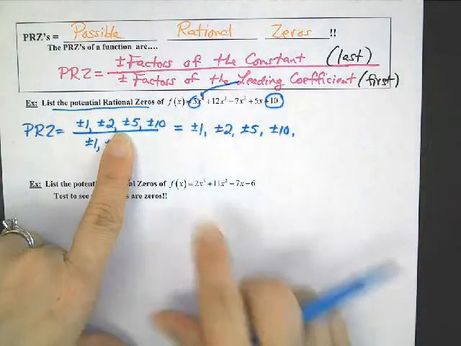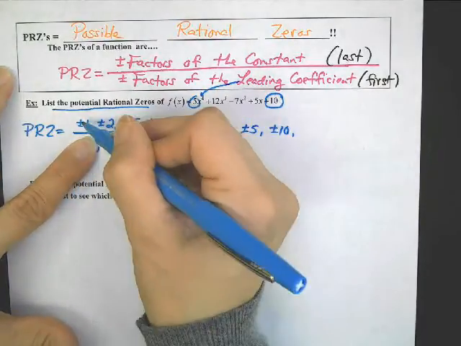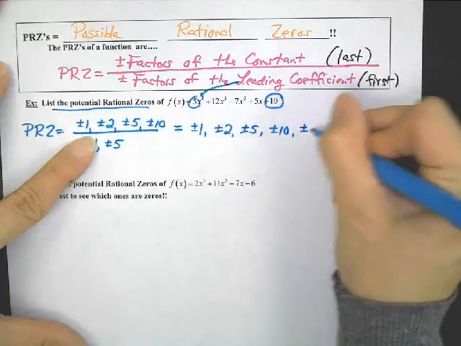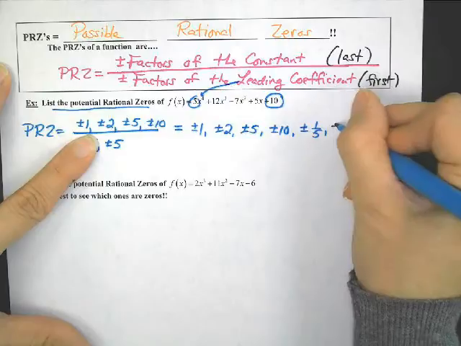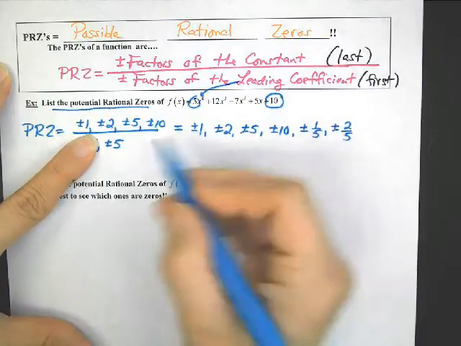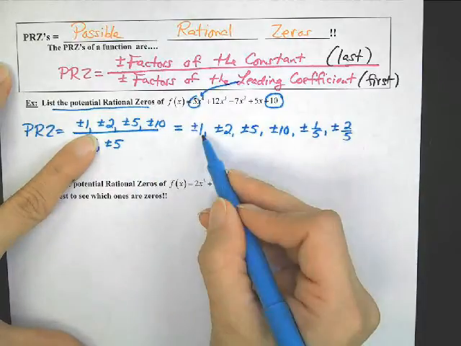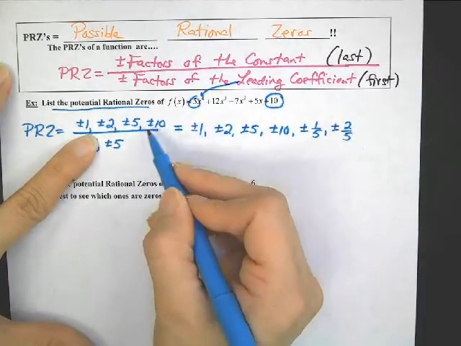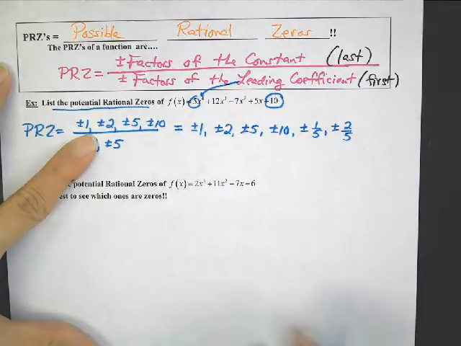Okay, thank you, 1. Now I have to divide all of those numerators by a 5. Plus or minus 1 over 5. Then 2 over 5. And then what's 5 divided by 5? 1. Well, I already have 1, so I don't have to say it again. 10 divided by 5 is 2. So I've already got that.